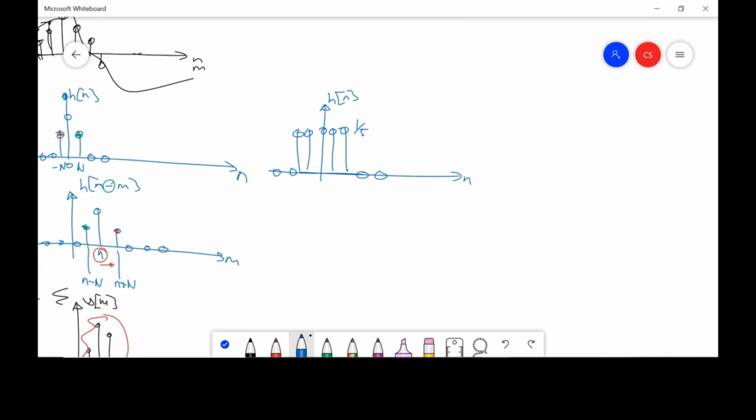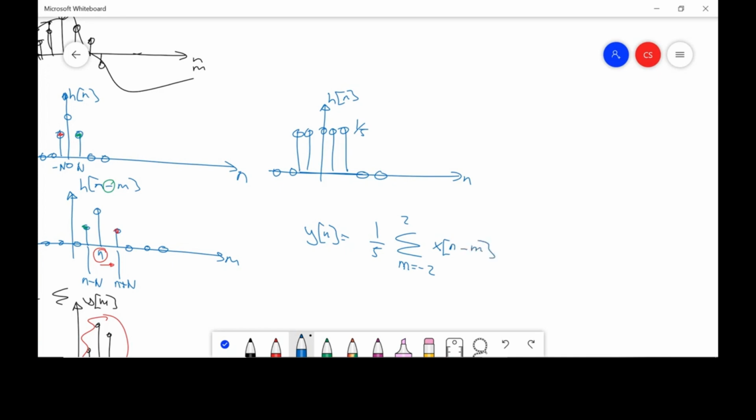This kernel would take the 5 samples around the central point and compute the average, so y of n would be 1/5 times the sum from n minus 2 to n plus 2 of x of n.